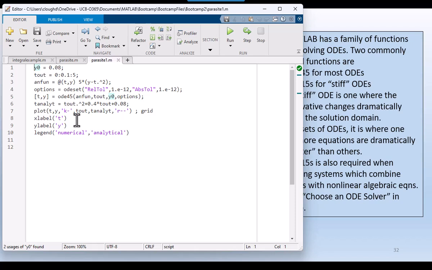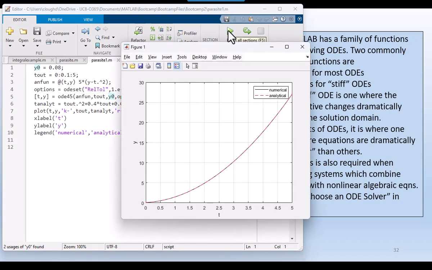And then we adjoin options to ODE45 as the last argument. And then after that, we have the exact same statements here. So we carry this out. And here, now what we see is that the analytical and numerical solutions lie directly on top of each other.